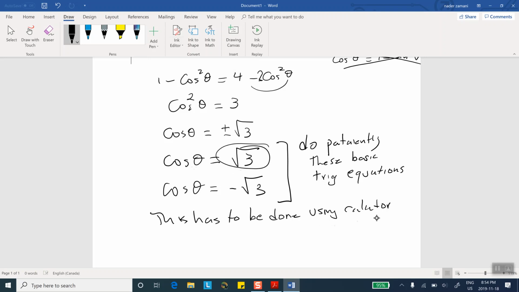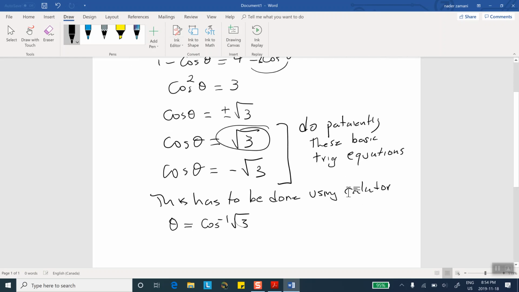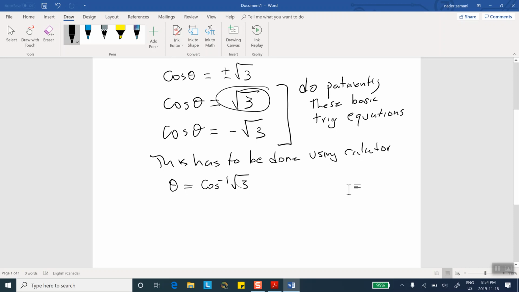So patiently use your calculator to find cos inverse of root 3. And we have done problems like that. I will leave it to you to go and review it. Go back to homework number, okay, this is 18, then you go 17, 16, 15, and see how we solve problems like this, cos inverse of minus root 3.